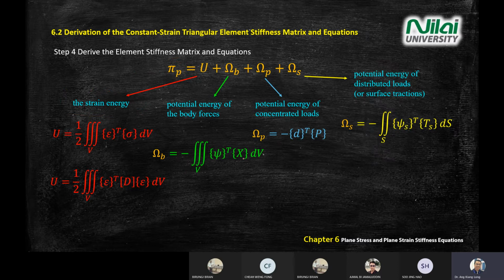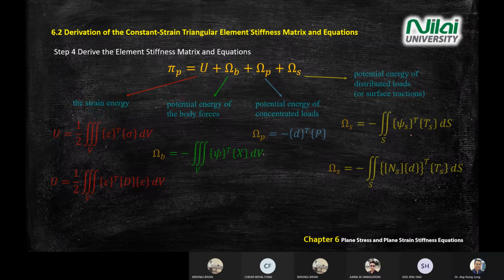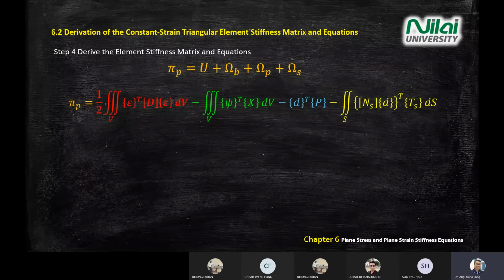For the next slides, you will see the combination. We will add all these equations and write this equation together. This is another extension of what you see, because we learned displacement of the system equal to N times d form. You can find this in the previous slides, the derivation for this one equal to this one. So we combine all the equations together, with the red color, green color, blue color, and yellow color.